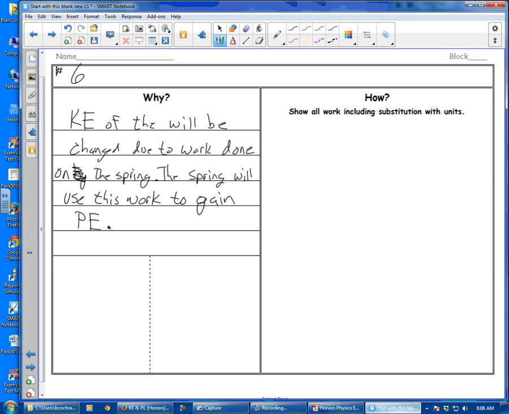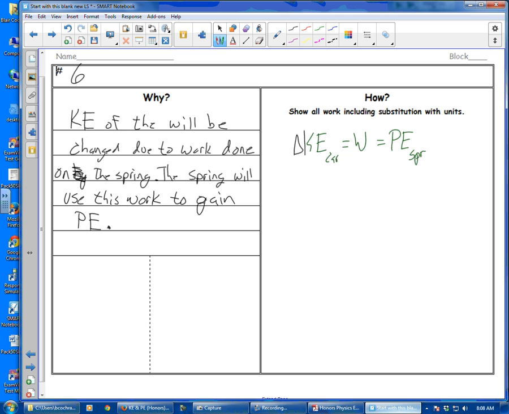So whatever amount of kinetic energy the car has to get rid of is going to go directly to work on the spring, and that spring is going to take that work and use it to gain potential energy. Putting that mathematically, the change in kinetic energy of the car is going to equal the work it does on the spring, and that work is going to equal the potential energy gained of the spring.